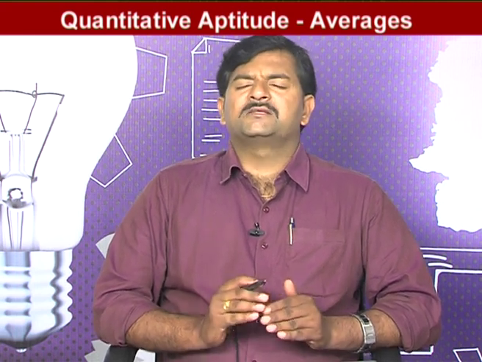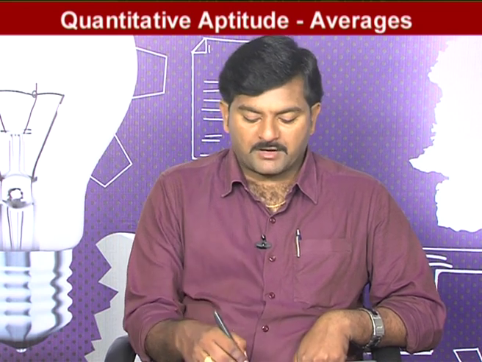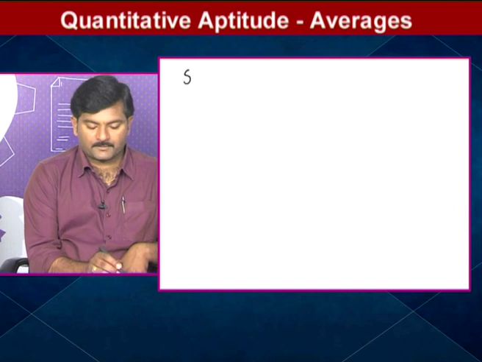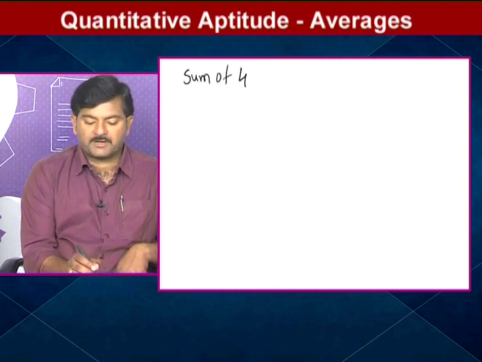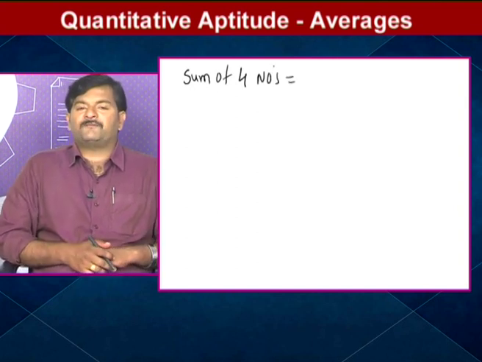How we are going to solve is, first of all we have to find the sum of all 4 numbers. Are you getting what I am saying? Just observe what I am writing. Sum of 4 numbers.